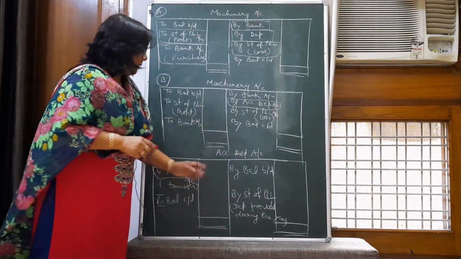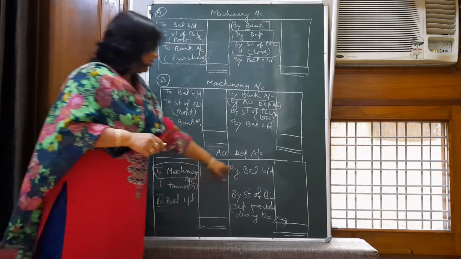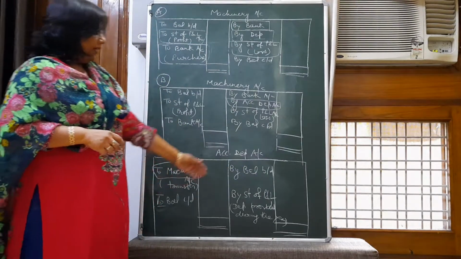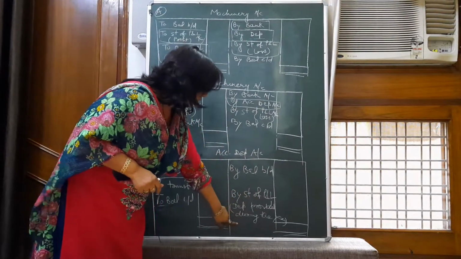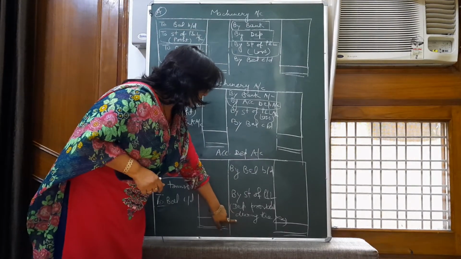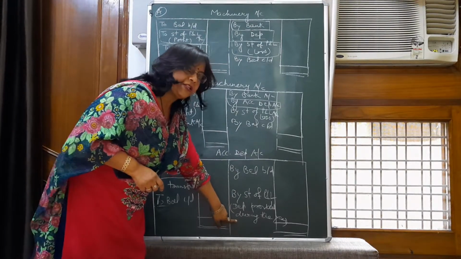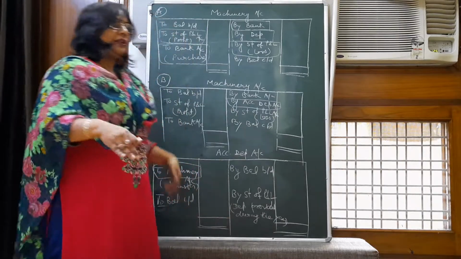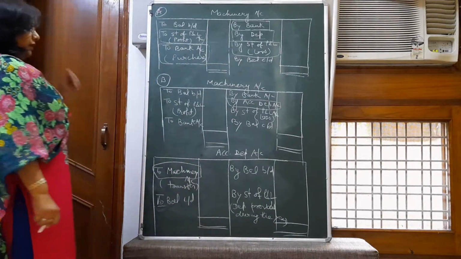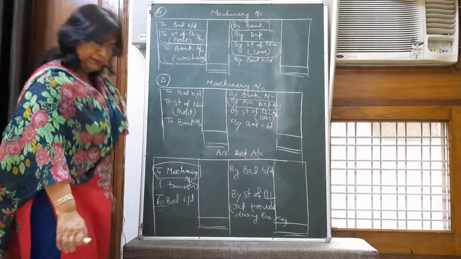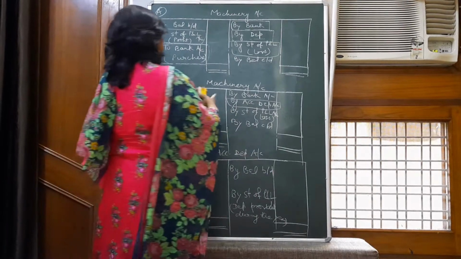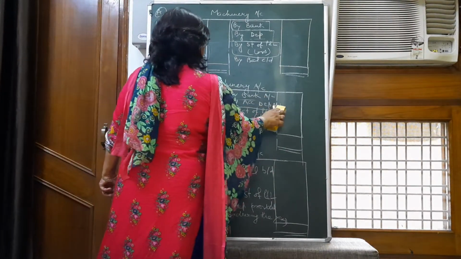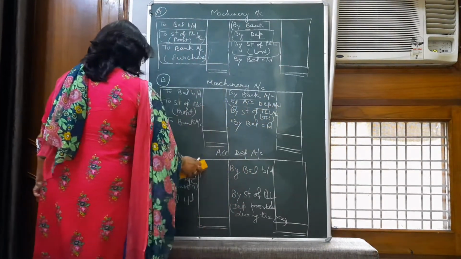In accumulated depreciation account, we have filled in three informations, and when we balance the account, we will get by statement of profit and loss, that is depreciation charge during the year, the balancing figure. Now the question is, what items are you going to show in cash flow statement?